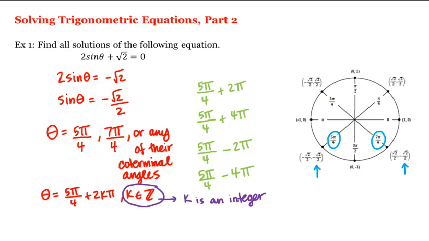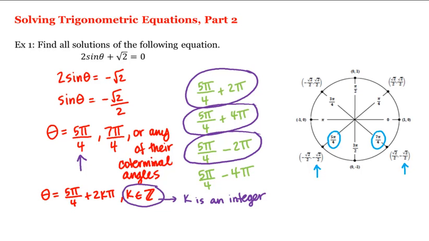For example, when k is equal to 0, we get this angle of 5 pi divided by 4. And when k is equal to 1, we get this angle up here. When k is equal to 2, we get this angle. When k is equal to negative 1, we get this angle. When k is equal to negative 2, we get this angle, and so on. All of these angles will have sine equal to negative root 2 over 2.